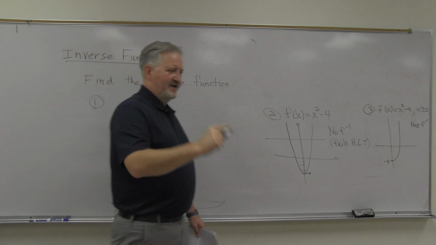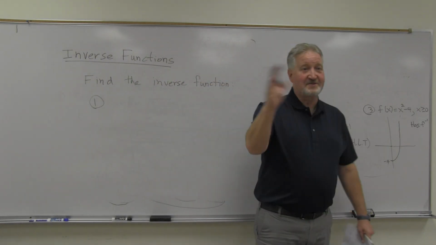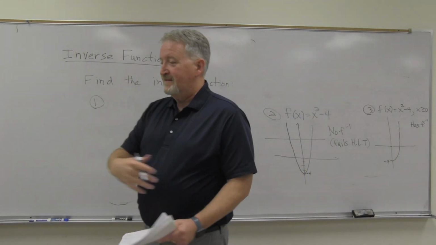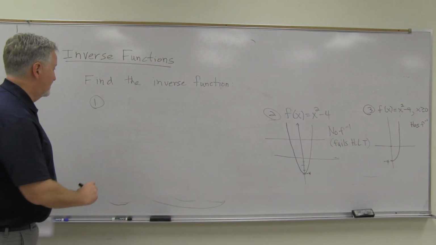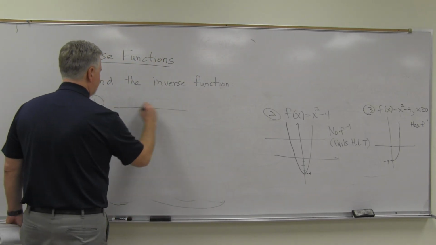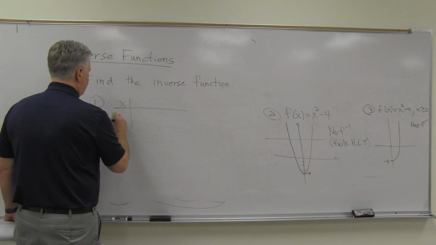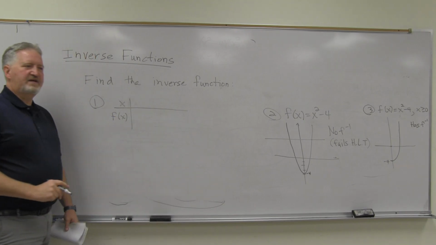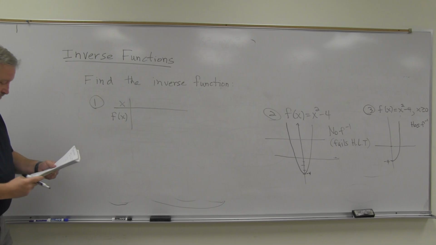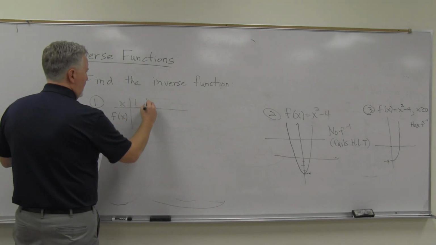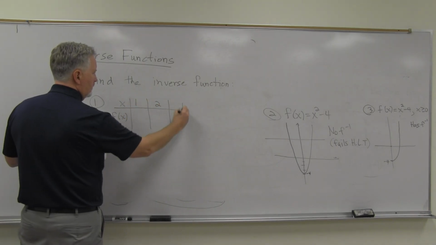And the first one to start with, let's just start with the table, because this gets us used to the idea of what we're going to do here. We've already looked at it. So say we've got this table, and it's 1 to 1. X is 1, 2, 3, and 4.